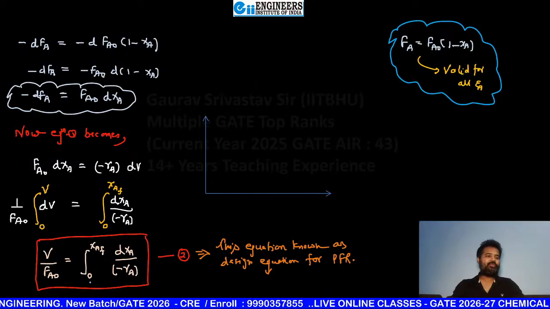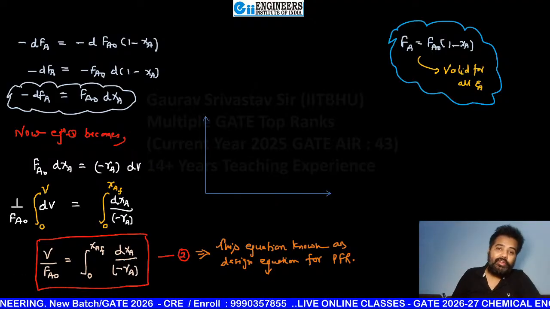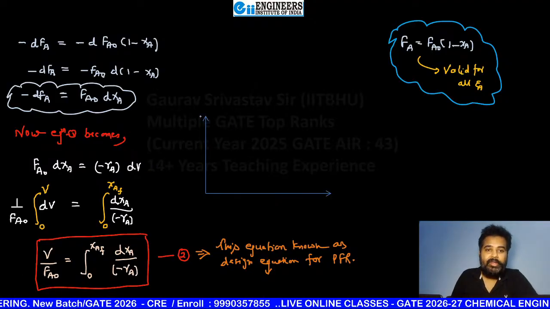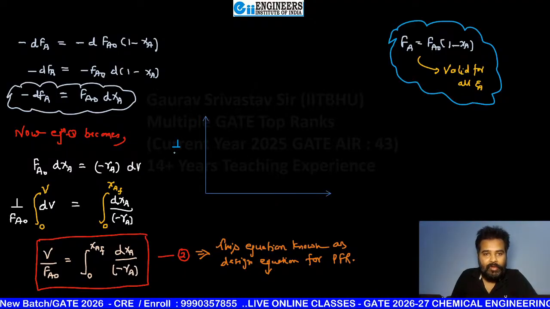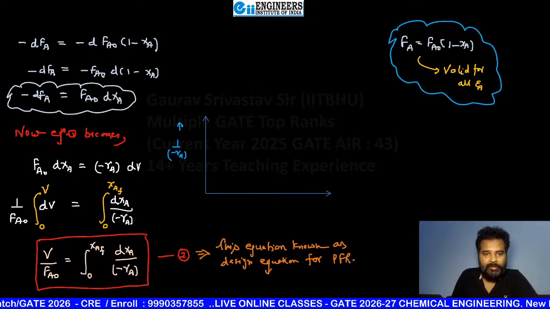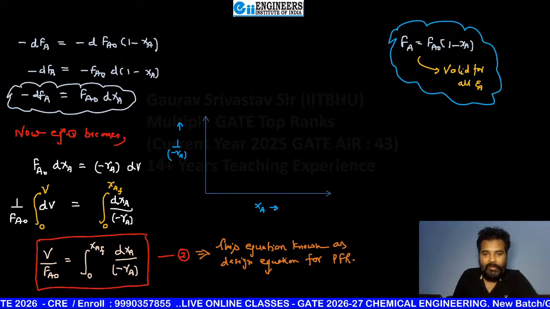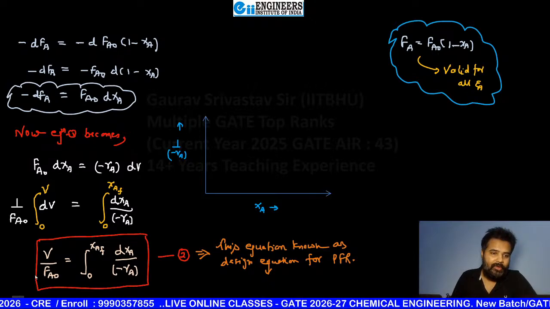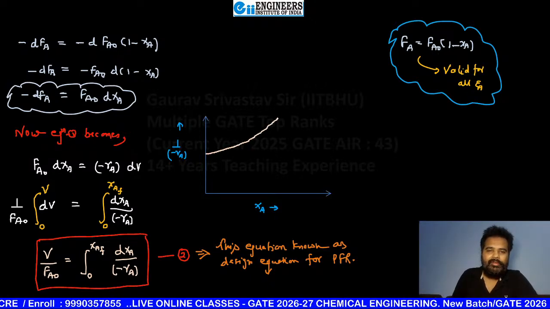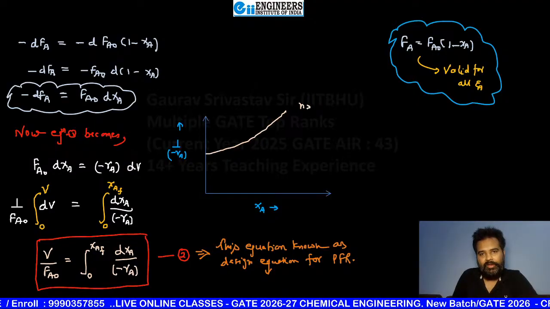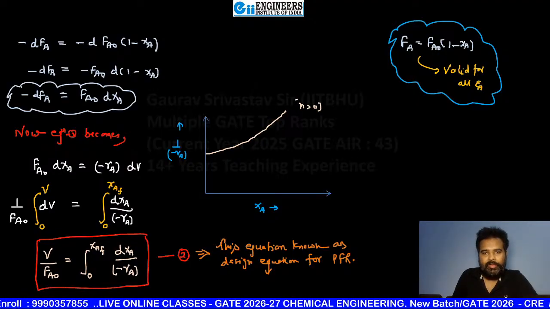Very good beta, super super. So when you are going to plot here, you have to take 1 by minus RA, and you know where this concept comes from, from integration, versus XA. So the typical graph, I'm drawing a typical simple graph like this, and this is simply n greater than 0.